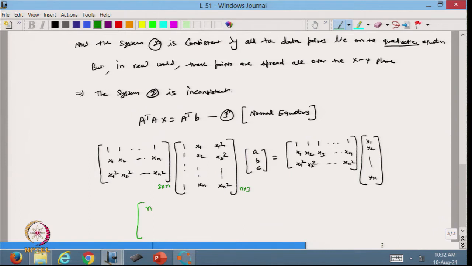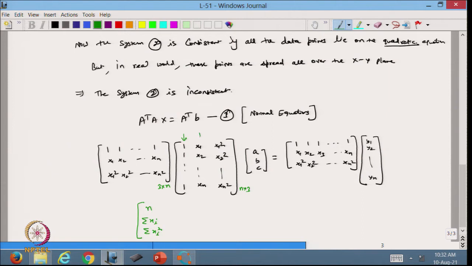Then I take the first column and multiply with the second row, and I will get the summation of all xi's, and then the summation of all xi square.